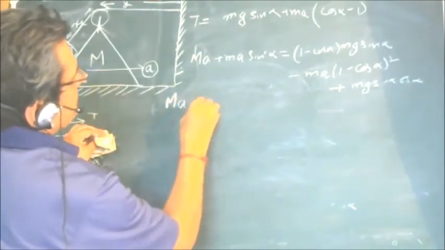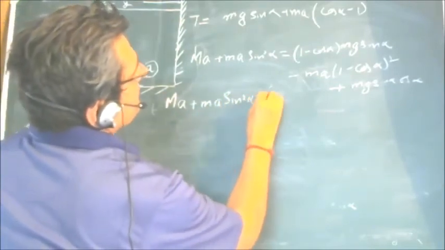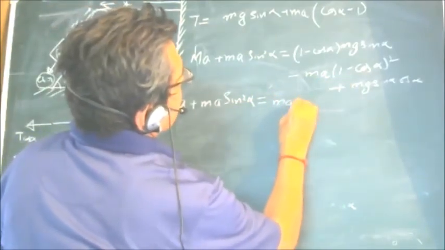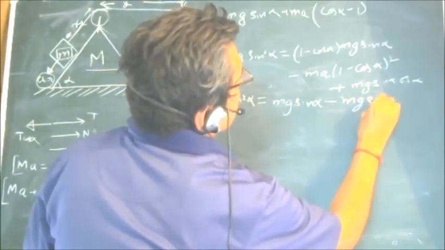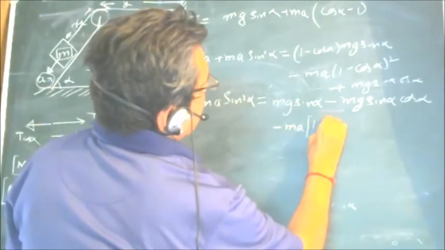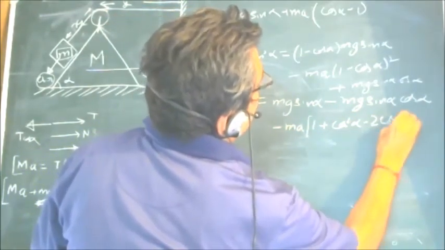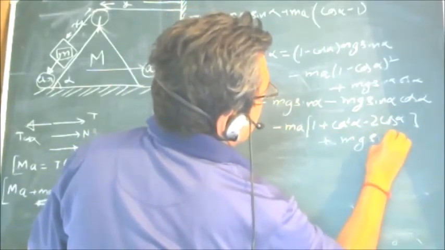It comes to MA plus small ma sine square alpha is equal to mg sine alpha minus mg sine alpha cos alpha minus ma 1 plus cos square alpha minus twice cos alpha plus mg sine alpha cos alpha.